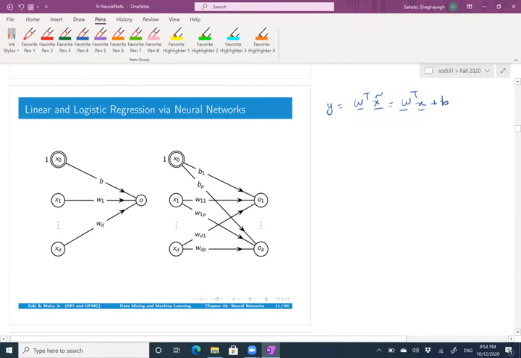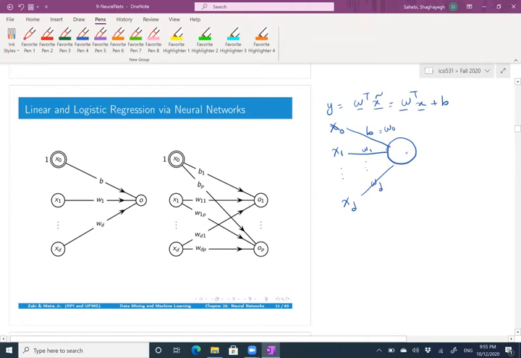So this is as if we have a neuron, and then we have our input layer X. So we are going to have X0, X1 until XD. And we have the weights. So this is B, which is basically W0, W1 until WD.